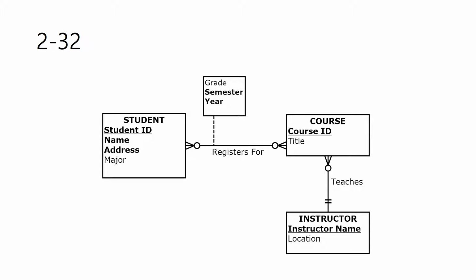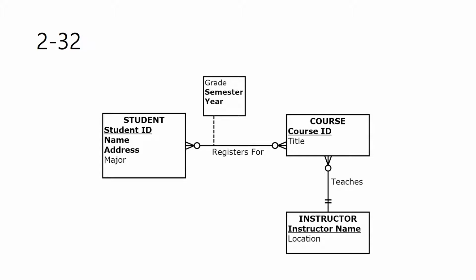So you can see student ID is the identifier, and then course ID is the identifier, also instructor name. Actually, there is no instructor ID, so we assume there is no same name. So instructor name is the identifier.